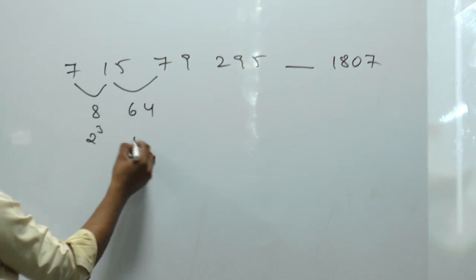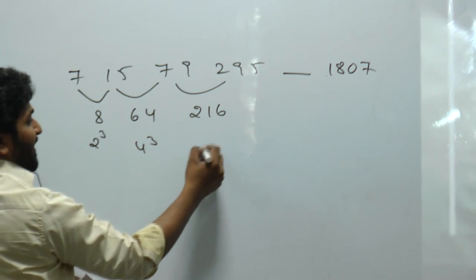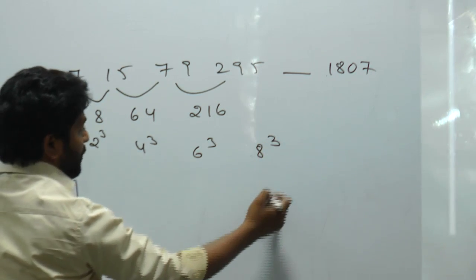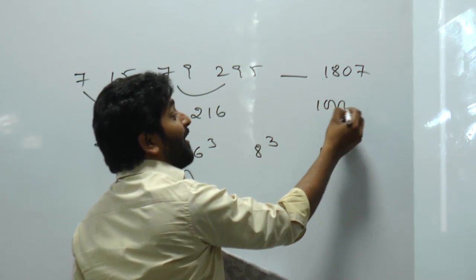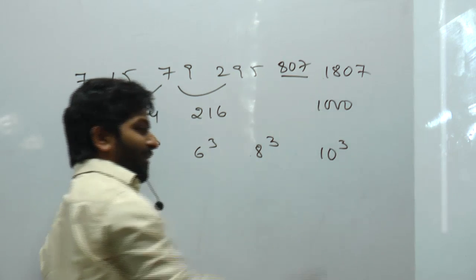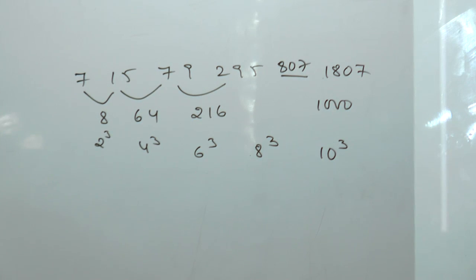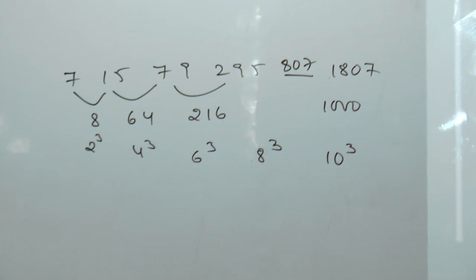This is 2 cube. This is 4 cube. Next is 6 cube, 216. And then next you need to add 8 cube. And then next you need to add 10 cube, which is 1000. After adding 1000 you got it as 1807. Before that it should be 807.